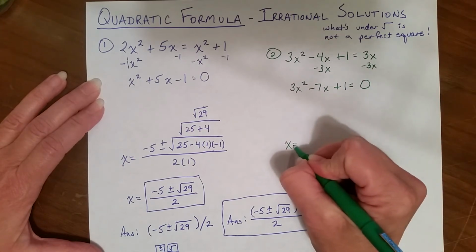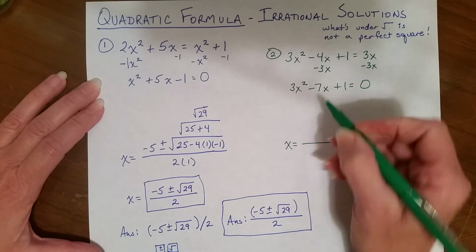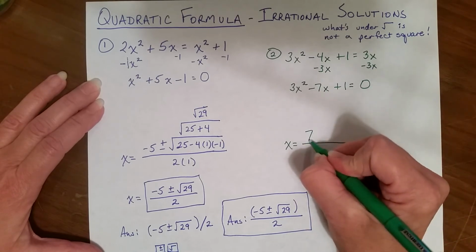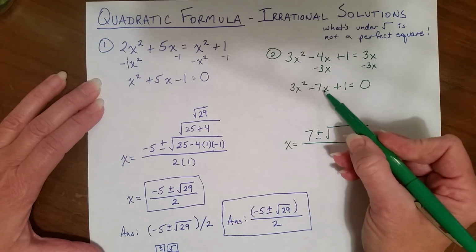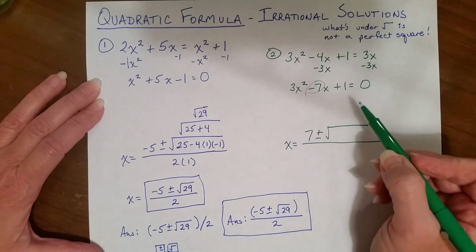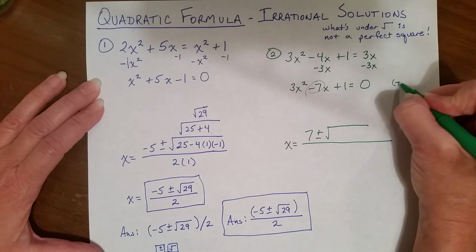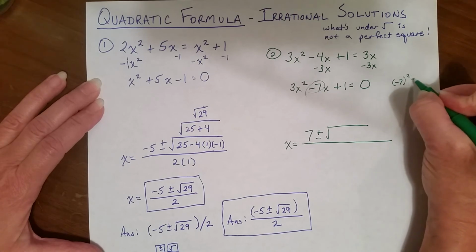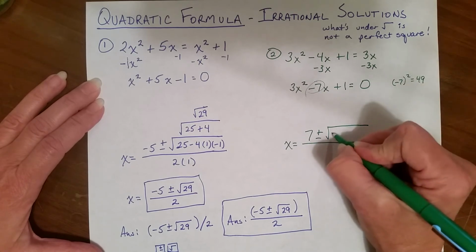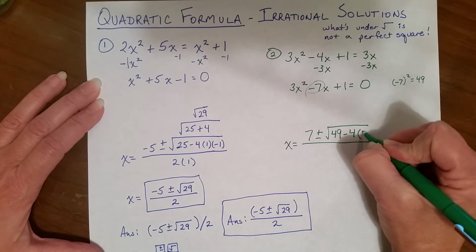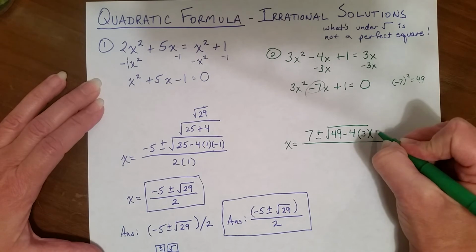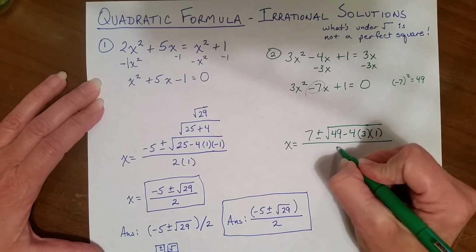Okay, let's do the quadratic formula. The opposite of b is 7, plus or minus the square root of. Now remember, b is negative 7, so b squared, negative 7 squared, is 49. So b squared, 49, minus 4 times a, which is 3, times c, which is 1, all divided by 2 times a.